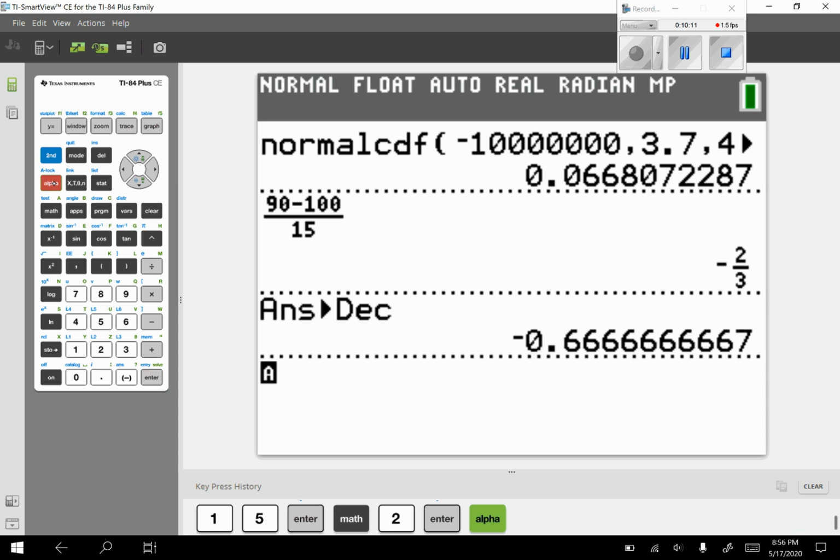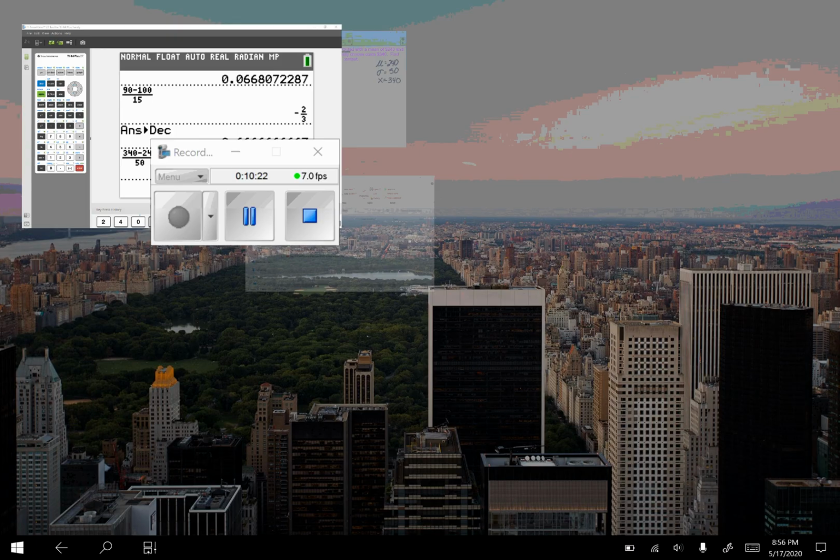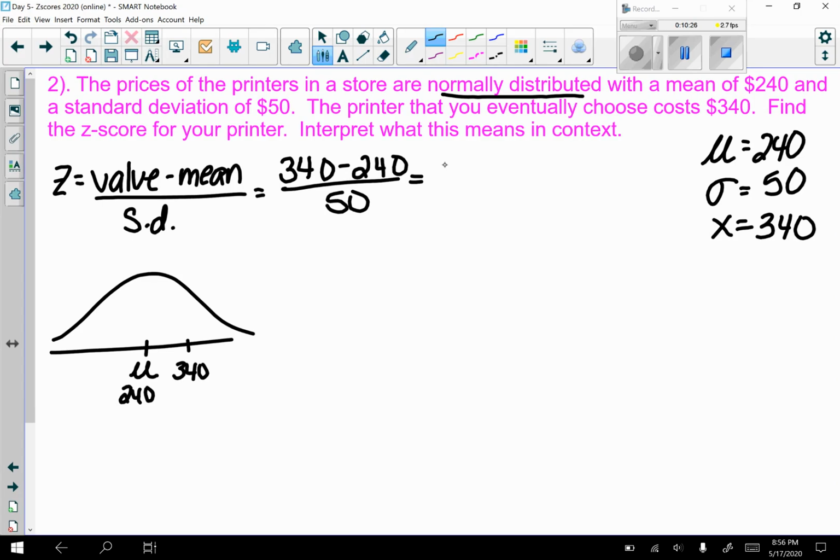So in my calculator, alpha y equals 340 minus 240 over 50, and we get 2. And now I need to interpret what this means.